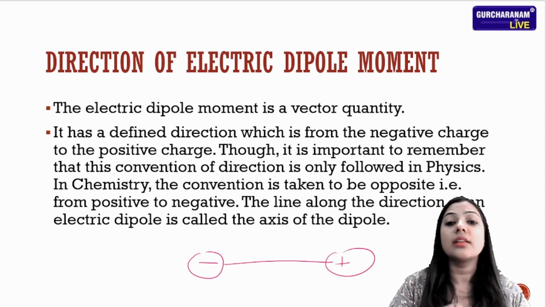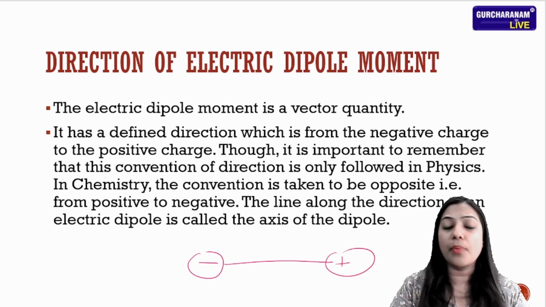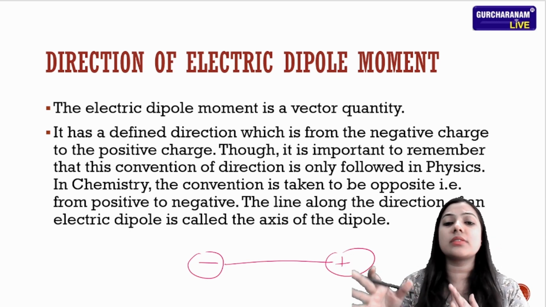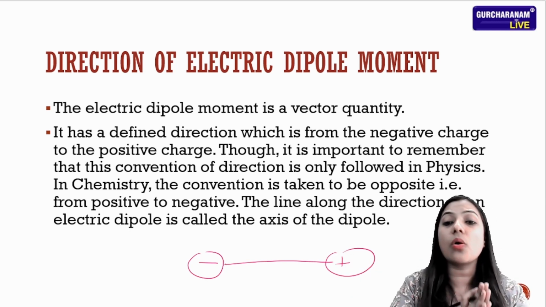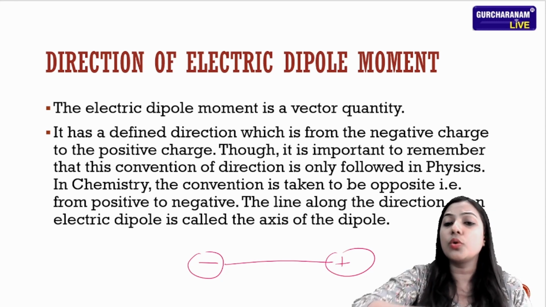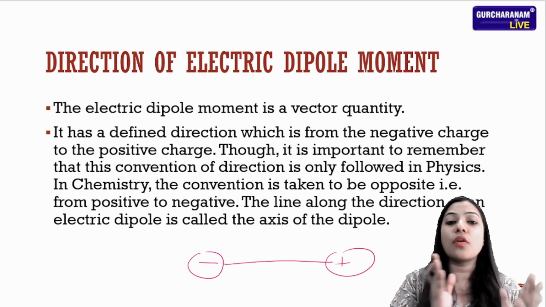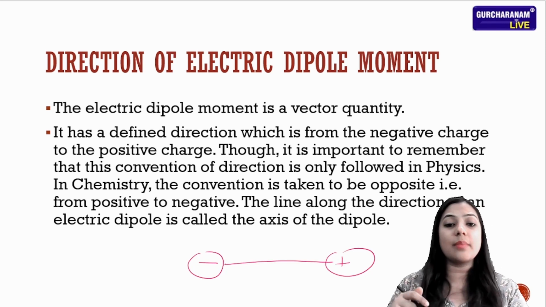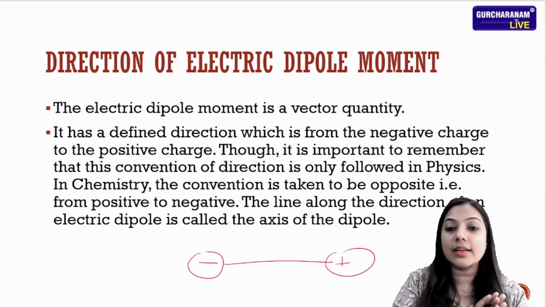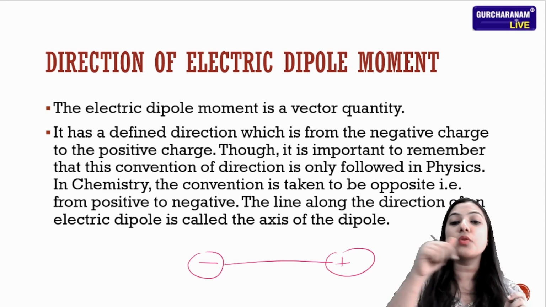In chemistry, the convention is taken to be opposite, that means from positive to negative. In physics the direction of electric dipole is taken negative to positive.